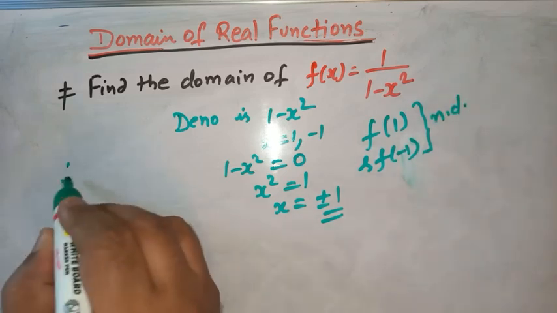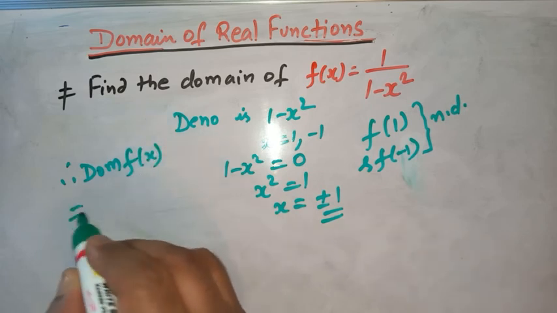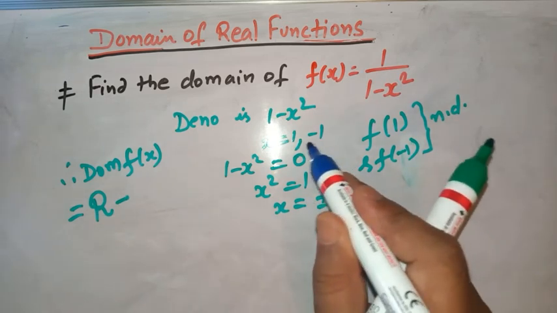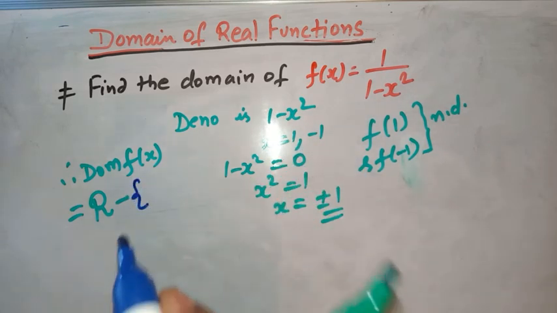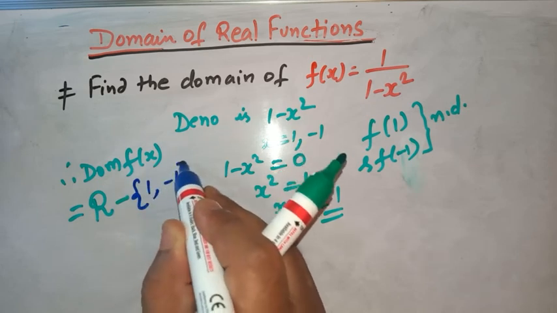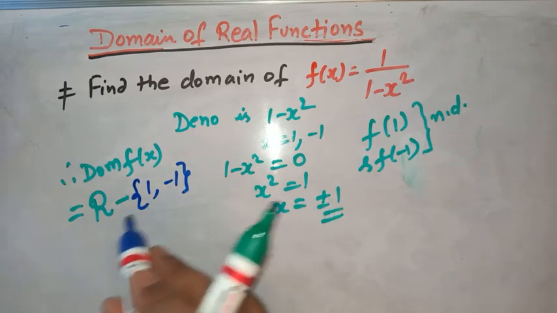Therefore the domain of f(x) is the set of all real numbers, and we'll exclude x = 1 and −1 from the set of real numbers. So we'll write it like this: R minus {1, −1}. Clear? So this is the domain of f.